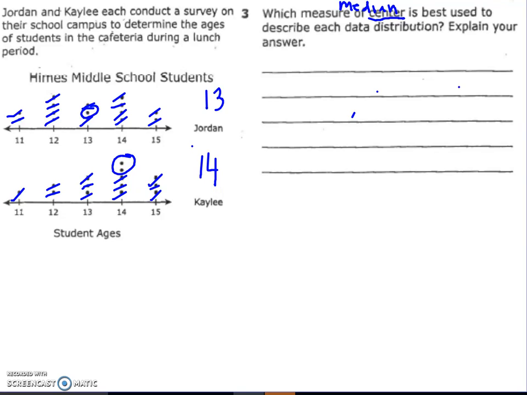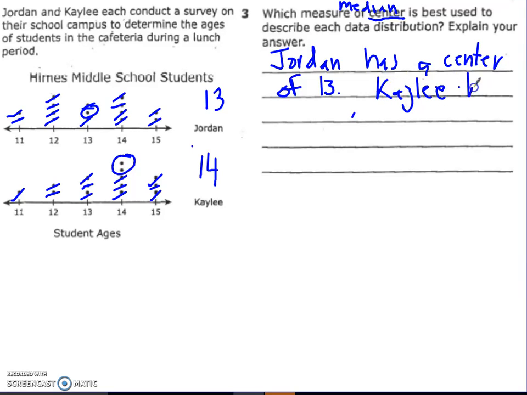All right, so Jordan has a center of 13. And Kaylee has a center of 14. Okay.